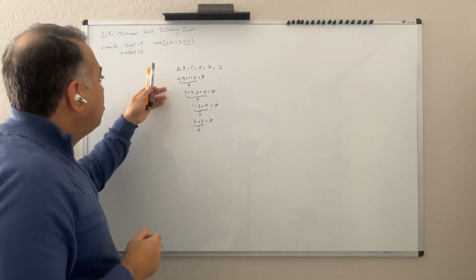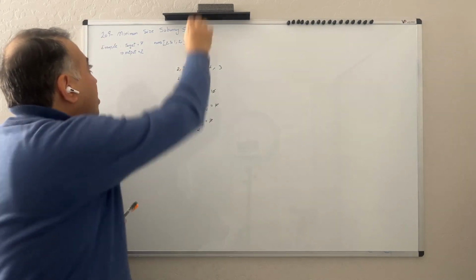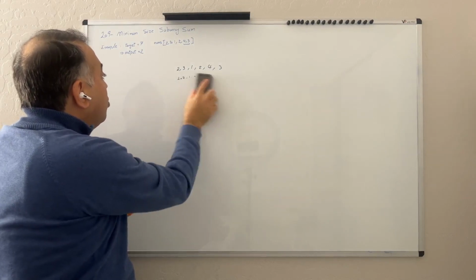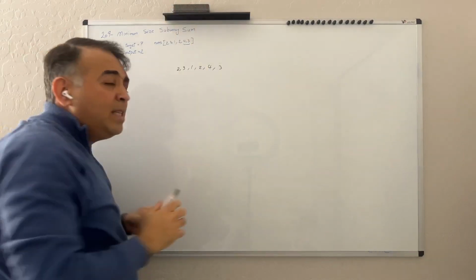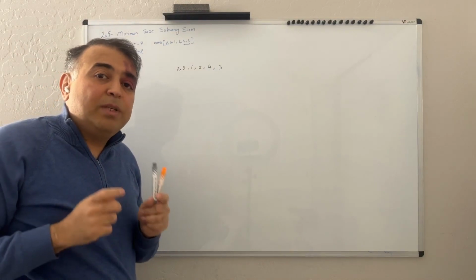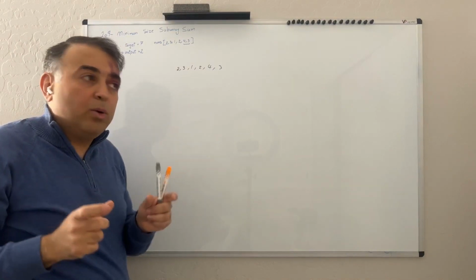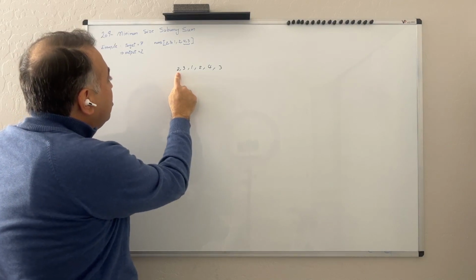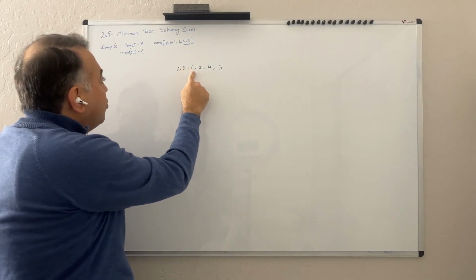So let's see how we want to solve this problem when we are going to code it. This is a type of problem where we need to handle a window. As you see, I started from 2, then I moved to 3, then I moved to 1.